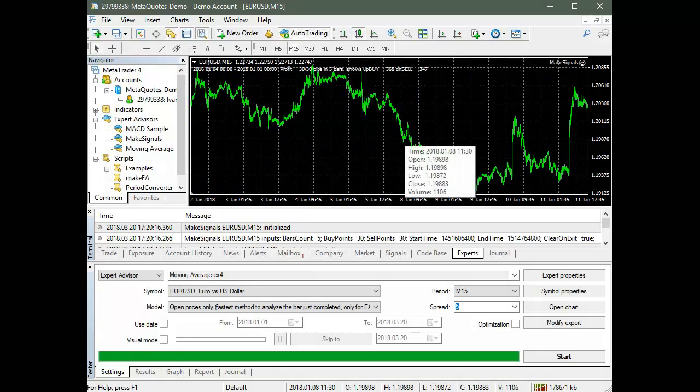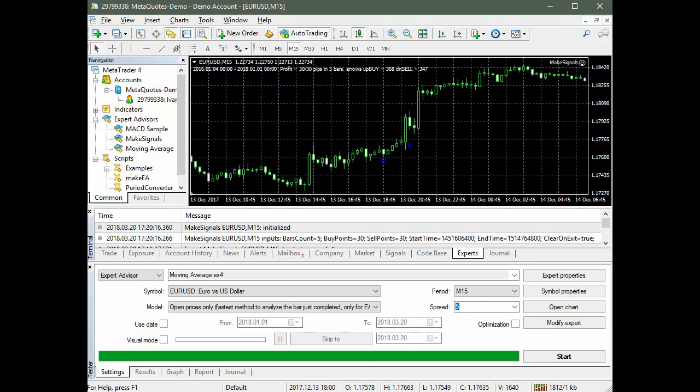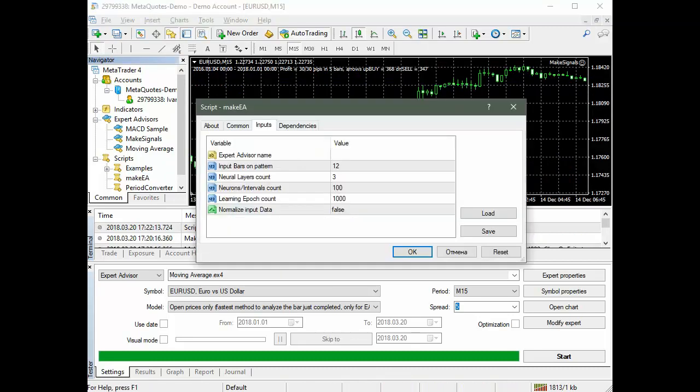To create an expert advisor by training the PNet, run the script Make EA. Enter or select script parameters.